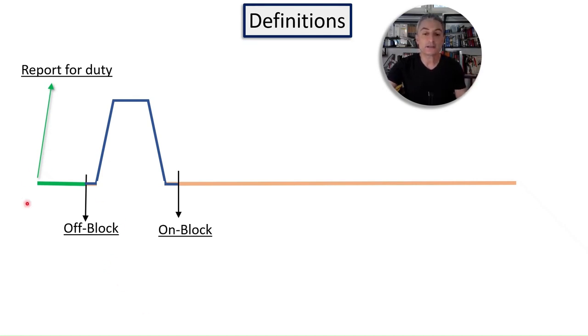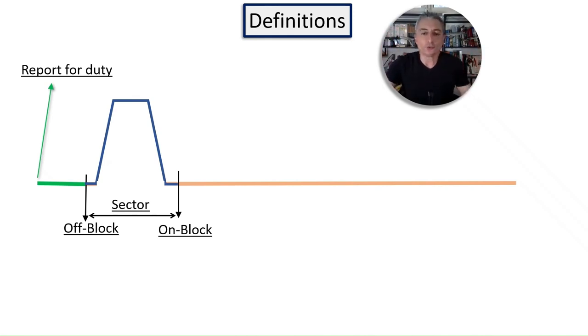That means the moment where we close the door, we start the engine, we start to move, then we taxi, we take off, we cruise, we descend, we taxi in, we arrive at the new parking, we set the parking brake, we shut down the engine, and we let the passengers get off. This is called a sector. The sector is from the off block to the on block.